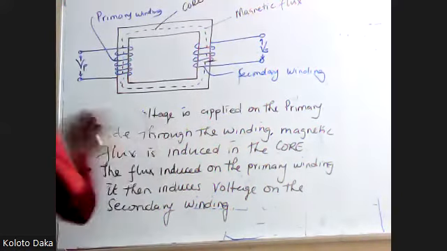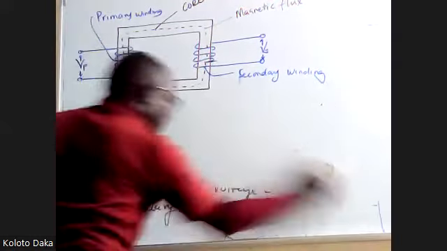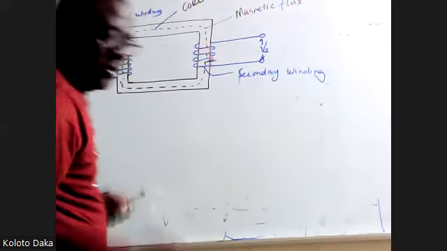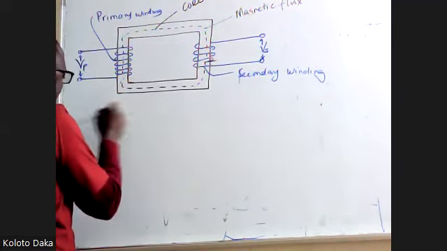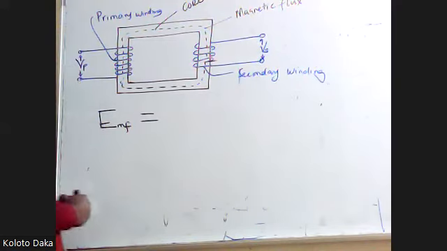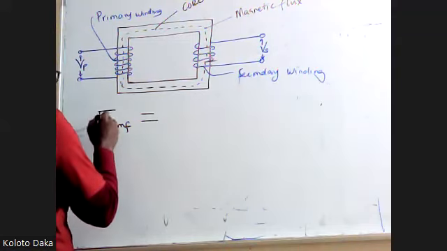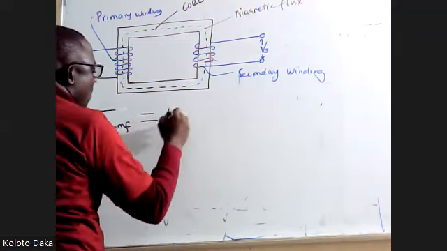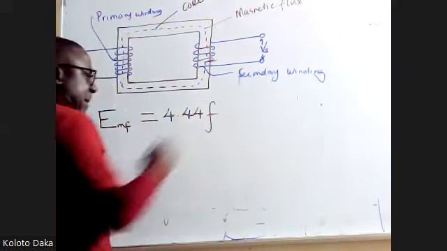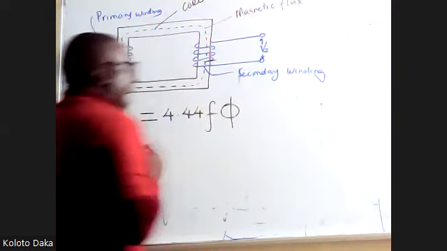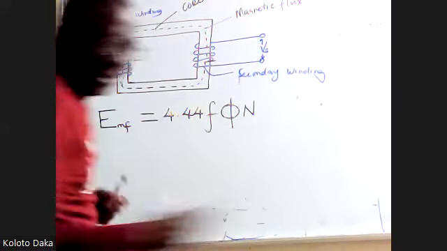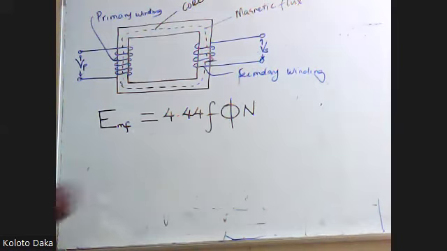The EMF equation of a transformer is given by E = 4.44 f Φ N. Those are the three things that are important in a transformer.